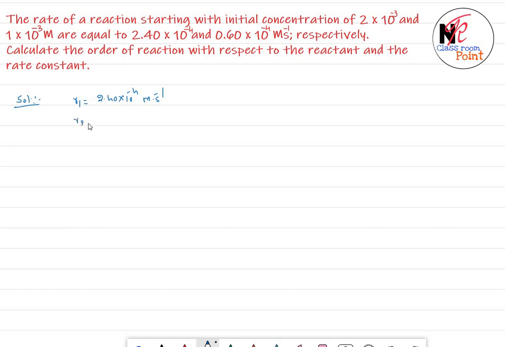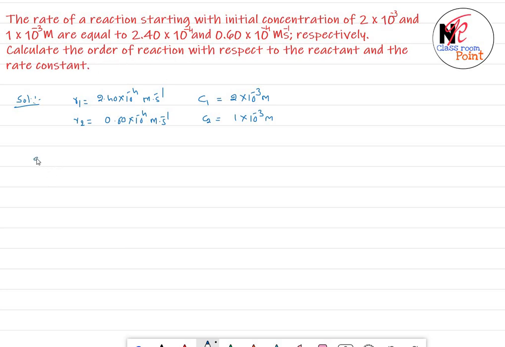Similarly, the second rate R2 equals 0.60 into 10 power minus 4 molarity per second. And here they have given the two concentrations. Initial concentration C1 equals 2 into 10 power minus 3 molarity, and similarly final concentration C2 equals 1 into 10 power minus 3 molarity. Now they are asking us to calculate the order of the reaction.